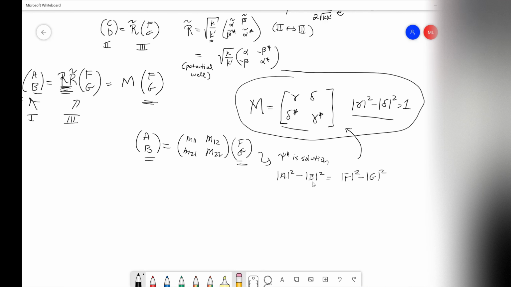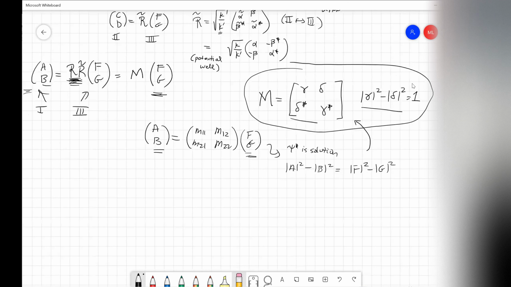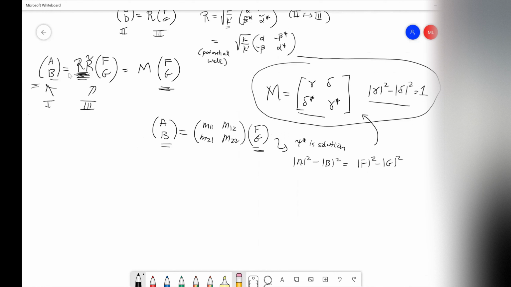That's a way you can think about it without going through this business of R star or R tilde. It's still solving the Schrodinger equation, you're just bypassing region 2. Okay, but this is the main point: no matter how you think of it, either as a product of these two matrices or as an individual connection between region 1 and region 3, this is the constraint that it has to satisfy.